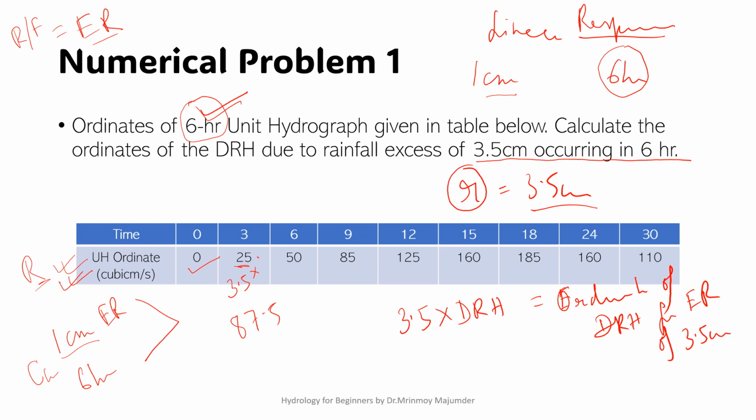So here the first one, 0 into 3.5 is 0, but the second one will be 25 into 3.5, that is 87.5. That is correct. Next one is 50 into 3.5, that means 175. Again, then 85 into 3.5, 297.5.